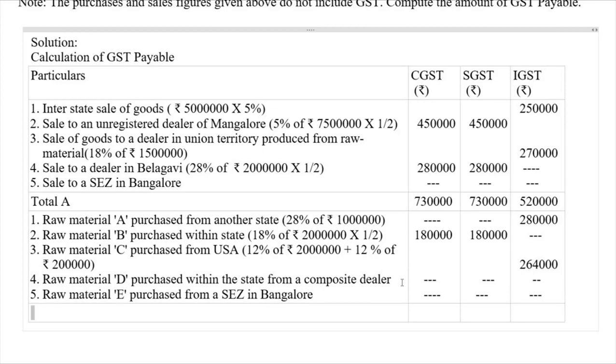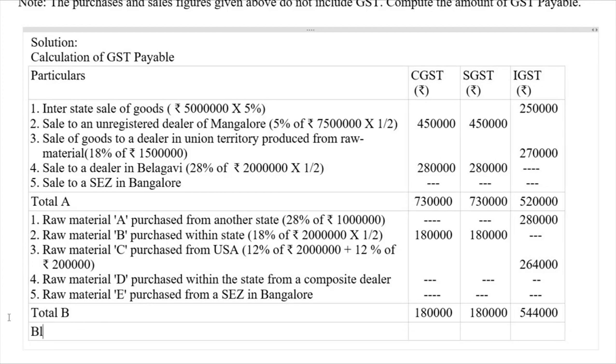So now let's take the total of B. So total of B here is rupees 1,80,000 only. So here also it is rupees 1,80,000. Now when we take the sum of rupees 2,80,000 plus 2,64,000, it comes to rupees 5,44,000.